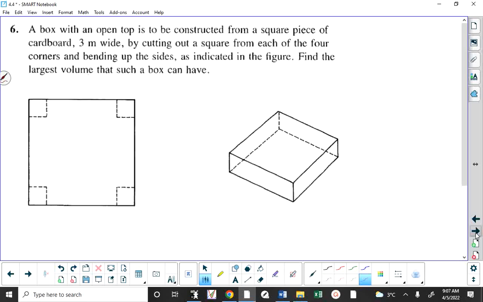One of the differences between this piece of paper and what we're looking at on the screen is that this started off as a rectangle and this is starting off as a square.